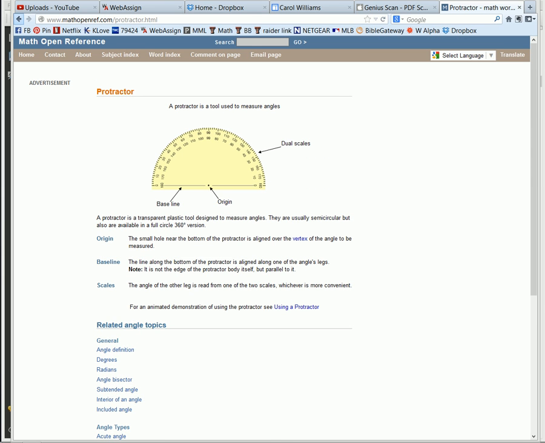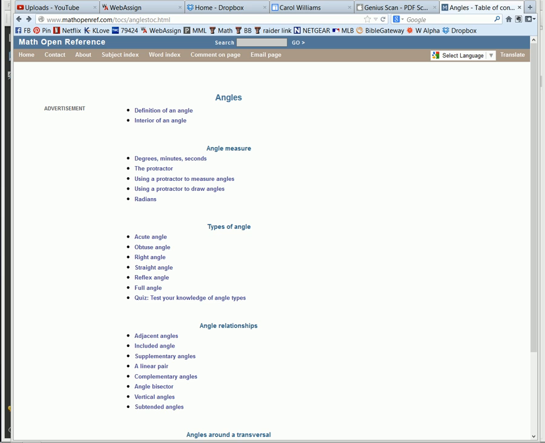This is a great website to get other information. You're looking at definitions of angles, what an acute angle is. It even has a little quiz to make sure that you understand what you're doing.